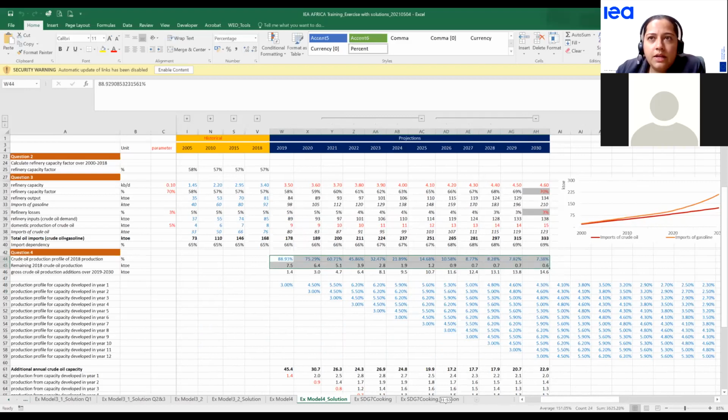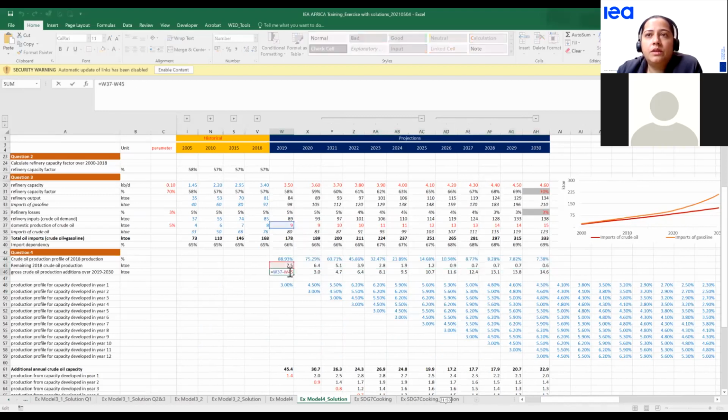Then you have to calculate those, then deduct the required additions of gross crude oil production. So here the gross crude oil production additions over 2019 to 2030 is your total domestic production minus your remaining crude oil production, which gives you the additions.